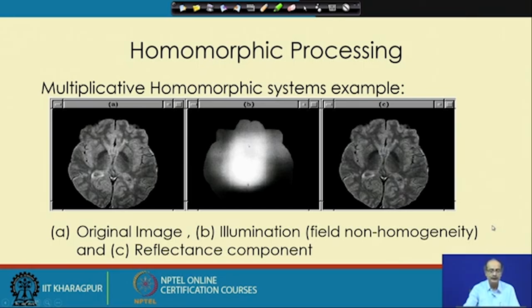Now, here we show one such example in 2D. Here we are showing an MRI image. On the left hand side, we see an original MR image of the brain. For the MR image, one thing is very important: the strong magnetic intensity that helps to generate the MR signal.